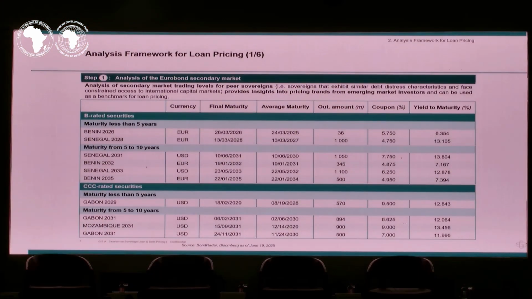If a country with a credit rating similar to the one of Benin is intending to contract a loan which is euro-denominated and with a maturity which is inferior to 5 years, then it could use the Benin 2026 Eurobond trading currently on the secondary market as a benchmark, which was, at the moment where the table was produced, trading at 6.354%.